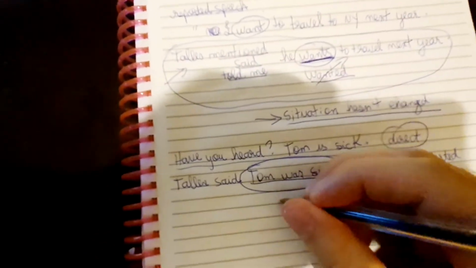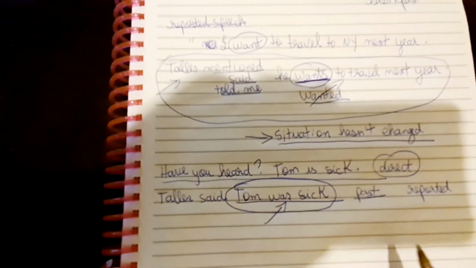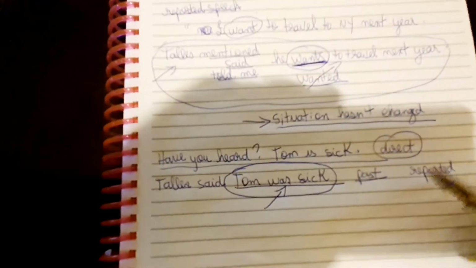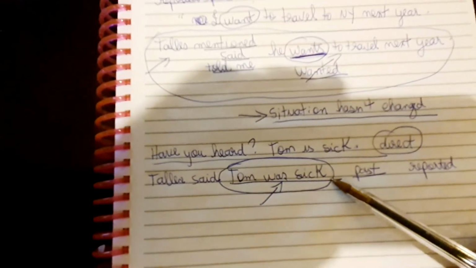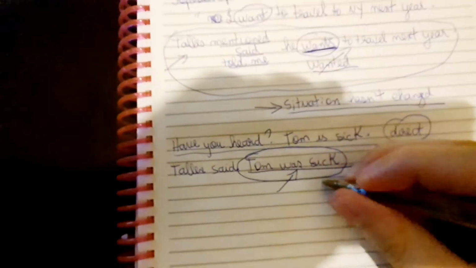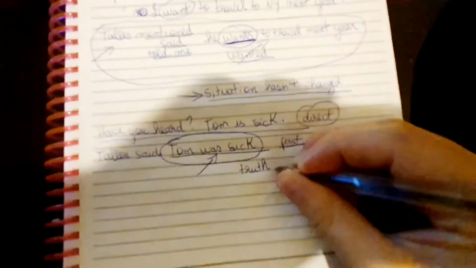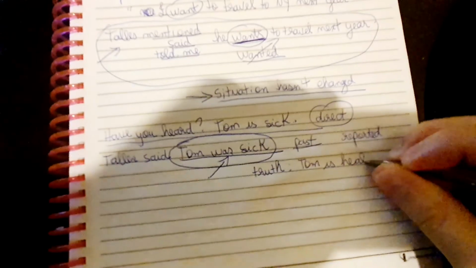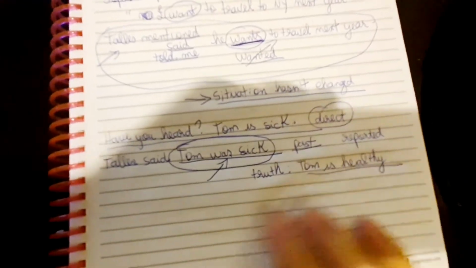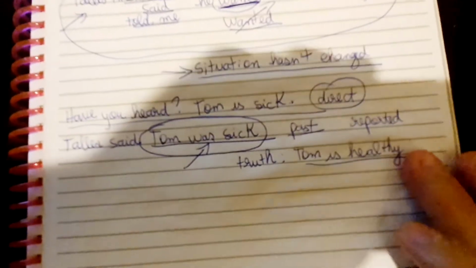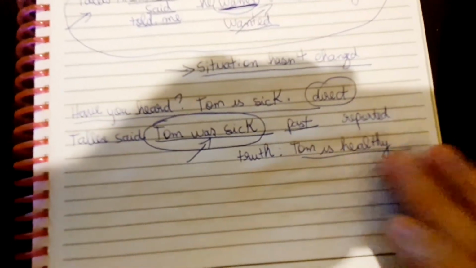So, when I want to report the situation, when I want to say that there's a difference between what I said, right, and the truth, because we know that the truth is Tom is healthy. Nothing happened to Tom. So people are spreading lies, okay? It's just gossip. He's not sick. He's not in the hospital. Everything is well with him.